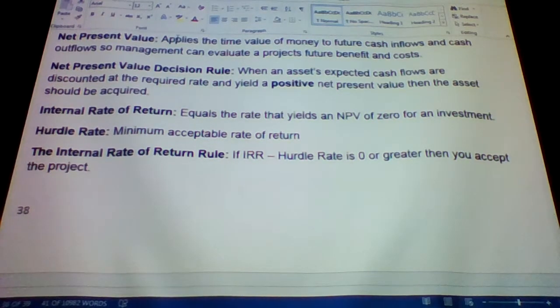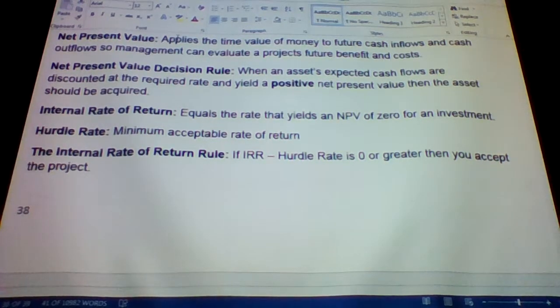The net present value decision rule: when an asset's expected cash flows are discounted at the required rate and yield a positive net present value, then the asset should be acquired, because that means you're going to make more money from it than if you just sat on your cash for that same period of time. Typically, when they do that, they're talking about 6, 7, 8 years, whatever it is.